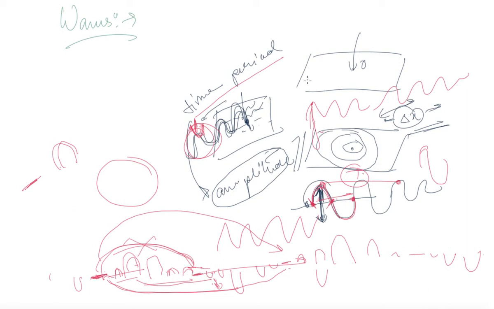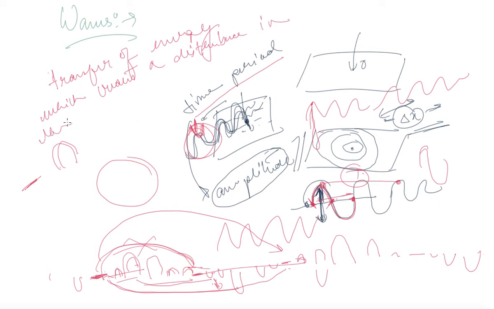Now we have defined time period and amplitude, so we are in a position to give a basic definition of a wave. A wave is nothing but a transfer of energy which creates a disturbance in the medium.